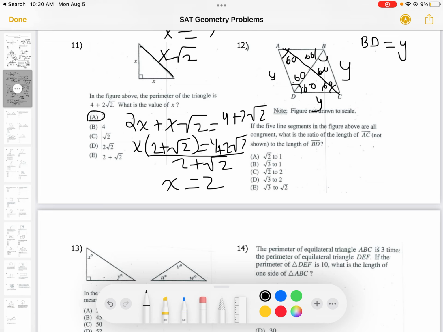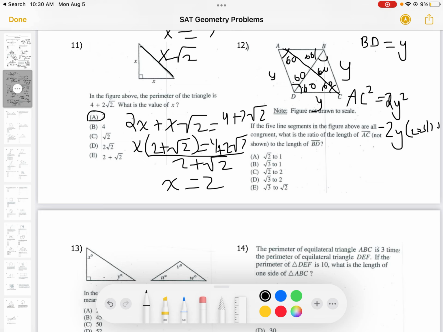So let's just try doing that really quickly. So let's see. We get AC squared is equal to y squared plus y squared, which is 2y squared, minus 2 times y times y, which is 2y squared, times cosine of 120.